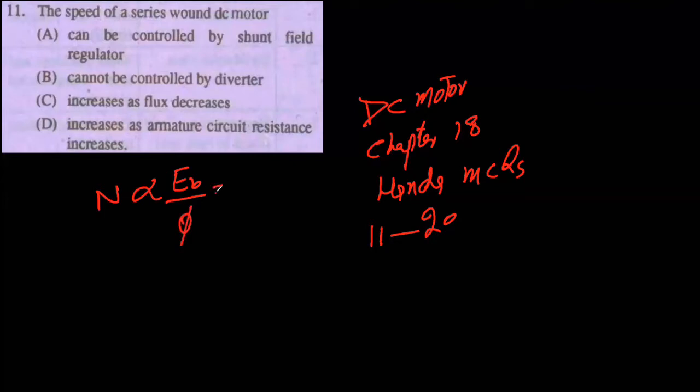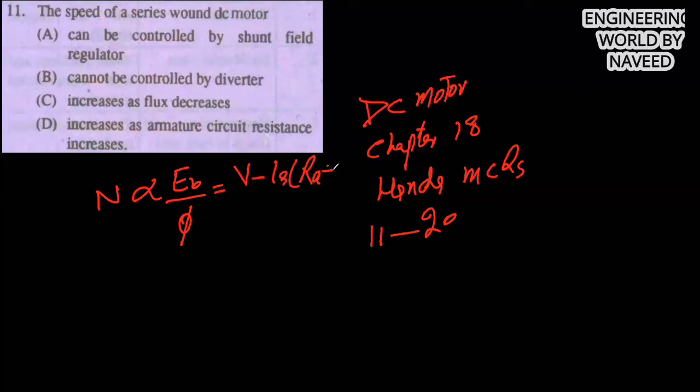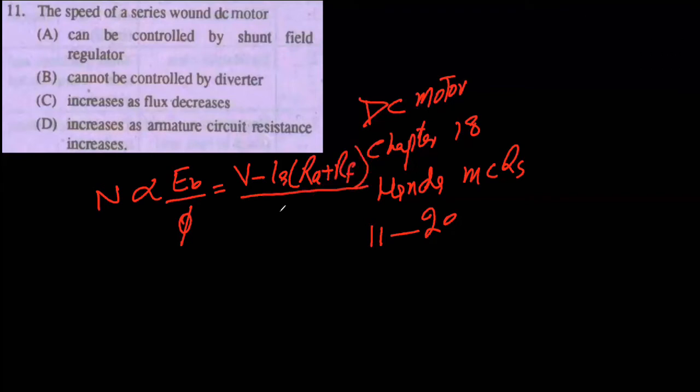And the back EMF, in case of a motor, is equal to V minus IA into (RA plus RF), divided by flux. IA is the armature current, RA is the armature resistance, RF is the field resistance.